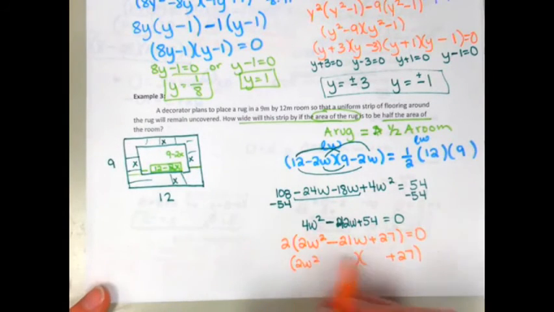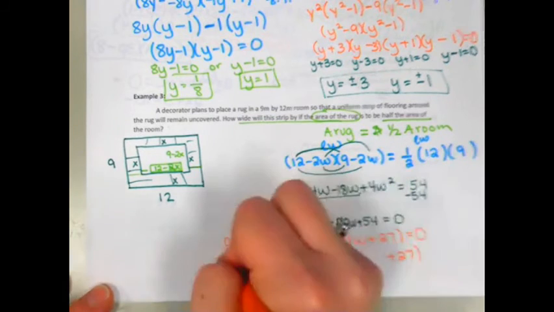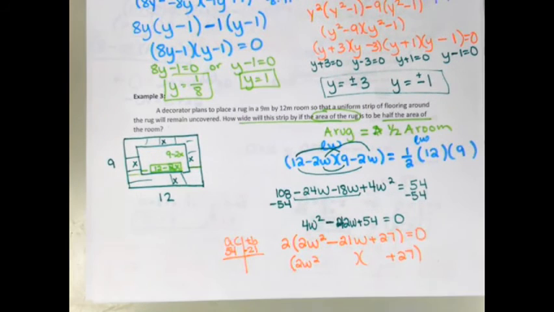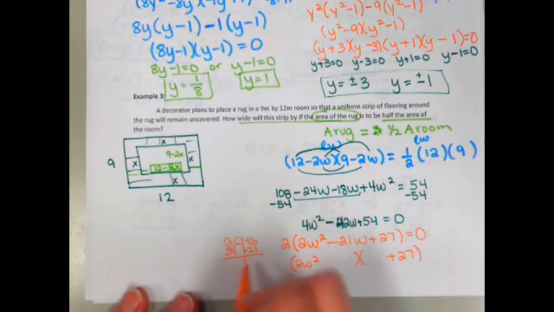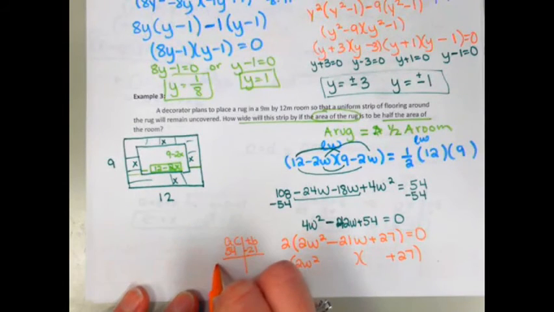All right. So A times C, what's 2 times 27? 54. And adds to be B, which is negative 21, right? All right, so what times what is 54 that adds to be negative 21? 3 and 9.